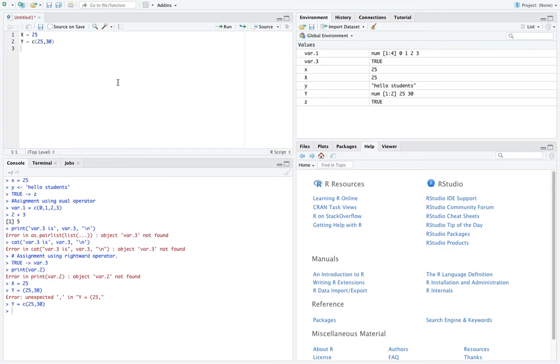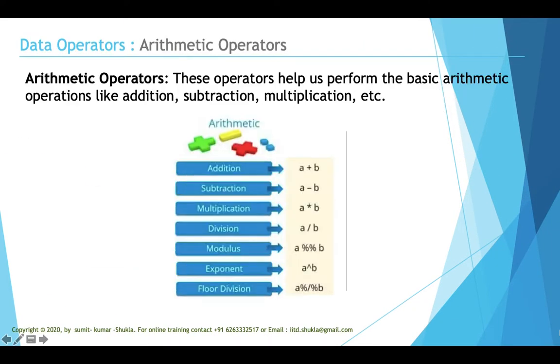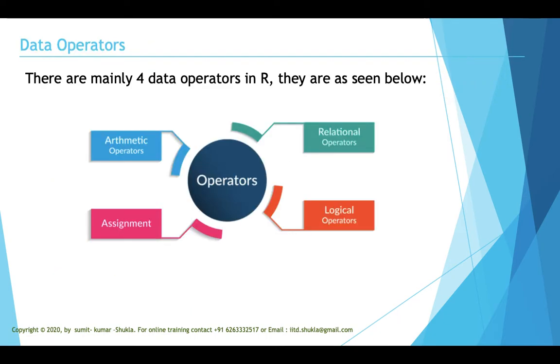Moving ahead. This is how you can create variables in Python and R, and let's move on further to the data operators. We have arithmetic operators, relational operators, assignment and logical operators.